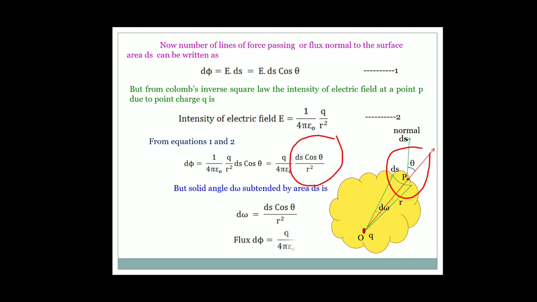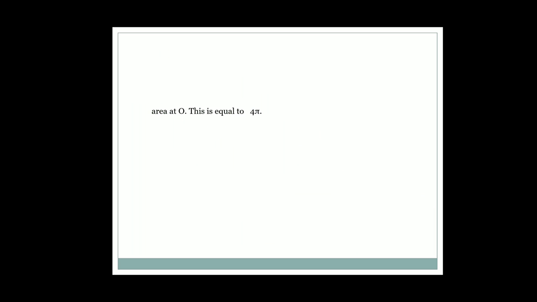When we substitute that equation, the flux d phi is equal to q by 4 pi epsilon naught into d omega. Now what is the total flux? The flux passing through the area ds is d phi equal to E ds. The total flux we can get by integrating the above equation.